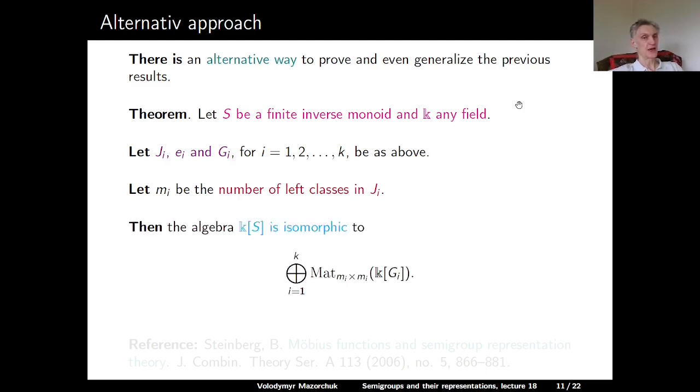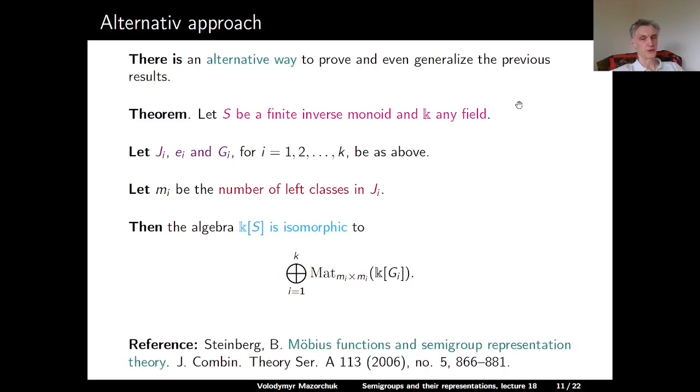Then the algebra K[S], the semigroup algebra over K, is isomorphic to the direct sum of matrix algebras. So we take a direct sum, i between 1 and k, and then we have the matrix algebra of size m_i times m_i over the group algebra of the maximal subgroup G_i.